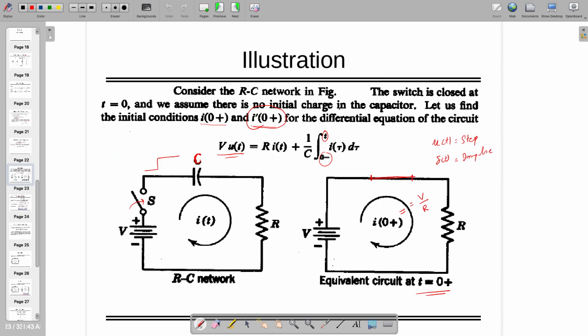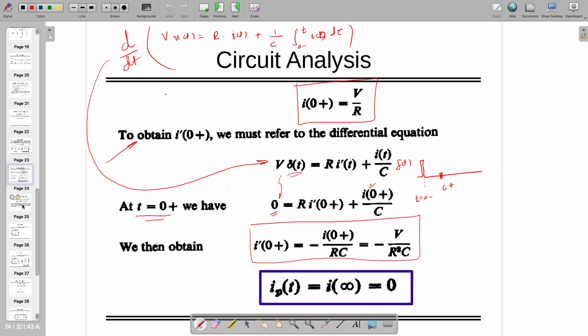So at infinity, what is going to happen? This is going to be open circuit. If it is open circuit, there is no current. So at infinity, the current is 0. But if you are interested in nodal analysis, the entire thing will be reverse, because at infinity the capacitor gets short, and at 0 condition the capacitor gets open.